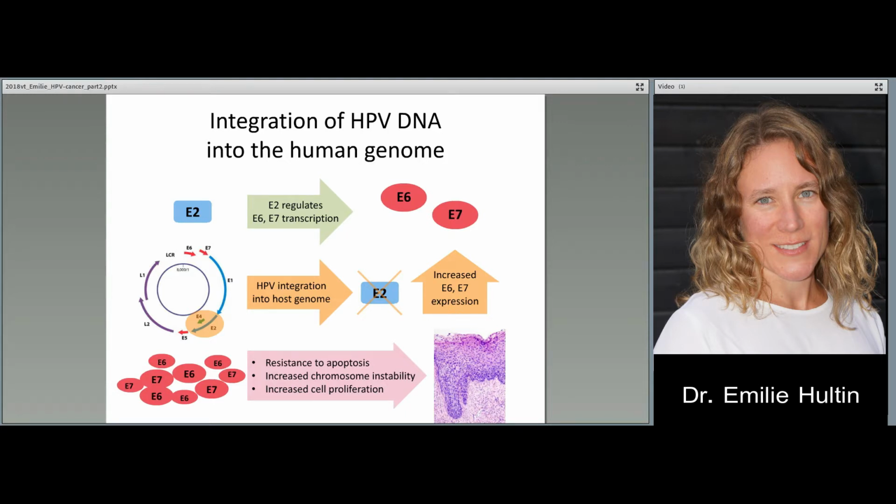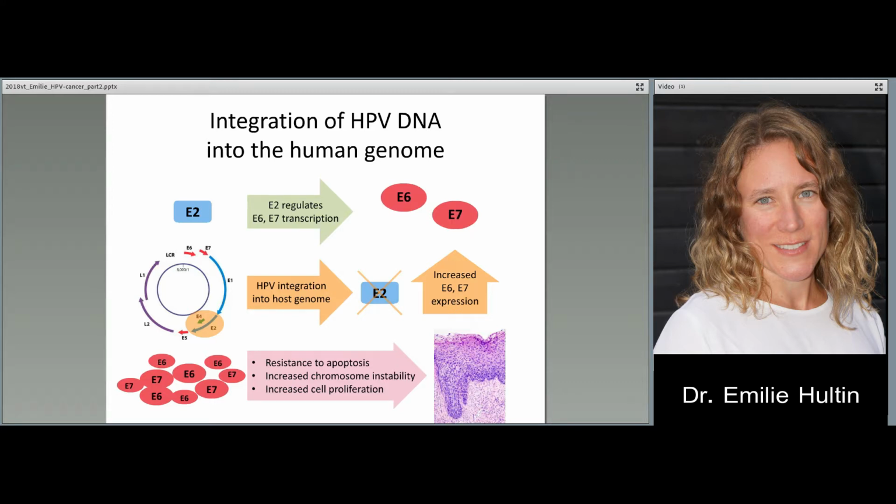The E2 protein regulates the transcription of E6 and E7. But when the HPV infection becomes persistent and stays within the host cells for a very long time, eventually the HPV genome can be integrated into the human genome.